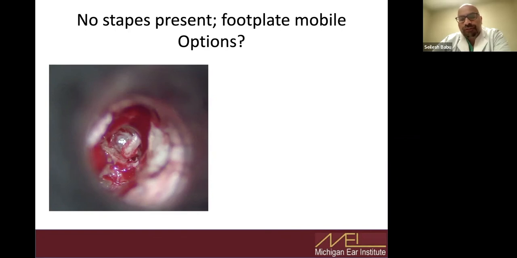So there were a couple of options as to how to fix this and what to do with a mobile footplate and try to reconstruct the ossicular chain. Options, of course, could be take out the incus and put in a total prosthesis to the footplate, or maybe do a stapedotomy, which I would really consider in a mobile footplate, and then put a piston in.